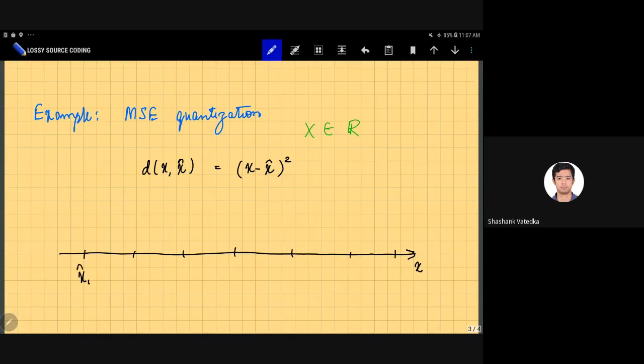Right? So let's call these x1 hat, x2 hat, x3 hat, and so on, all the way up to x 2 to the k hat. All right, so these are the quantized levels, and now we need to decide. In order to completely define the quantizer, we need to not only specify xi hat, we also need to specify which values of x are going to get mapped to this xi hat.